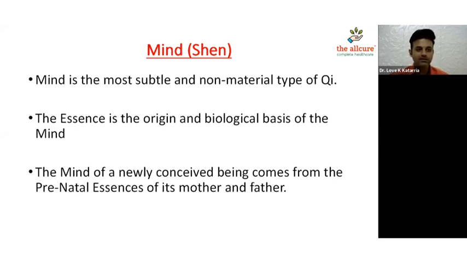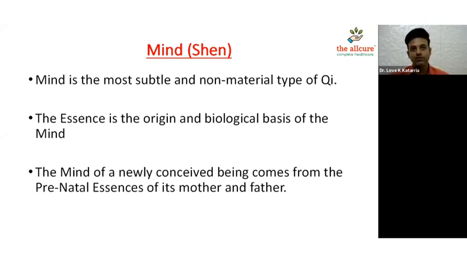It is the most rarefied form of chi, and it is always yang. The mind is always at the top of the head. Nobody has the mind in their legs, so it is the most yang in the body.